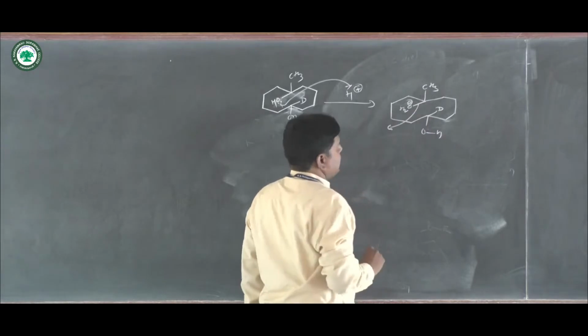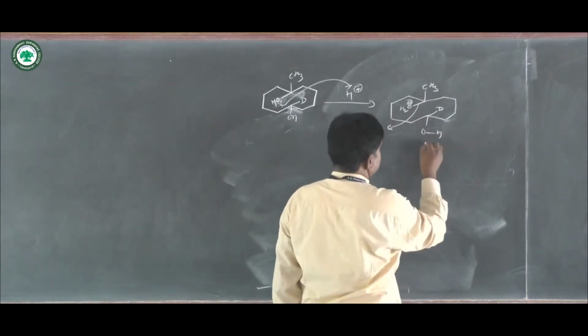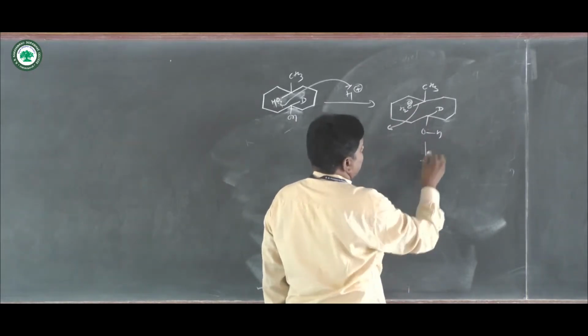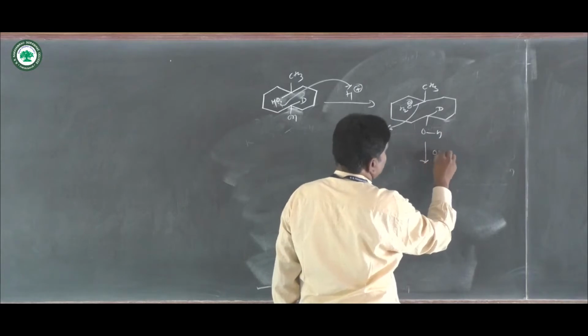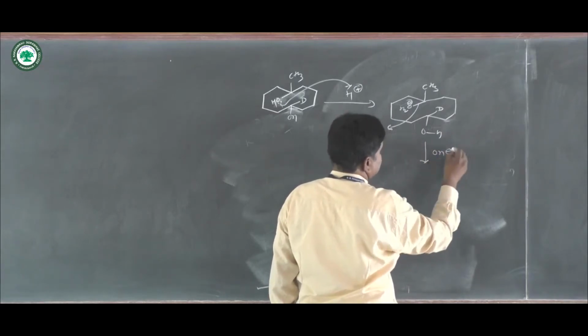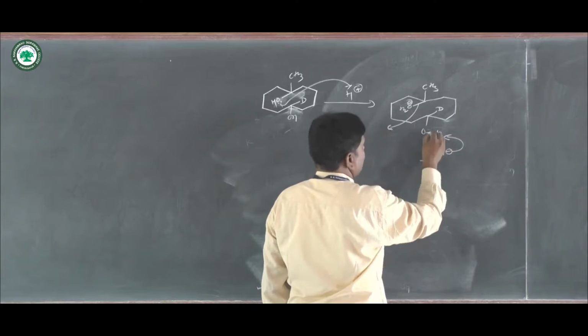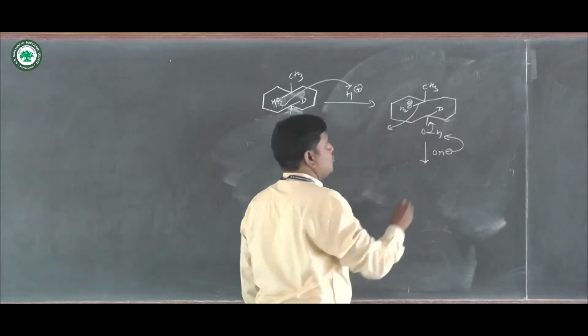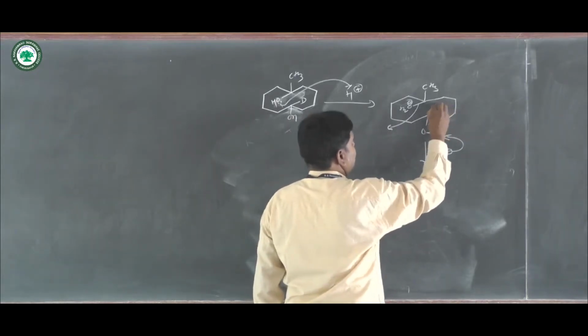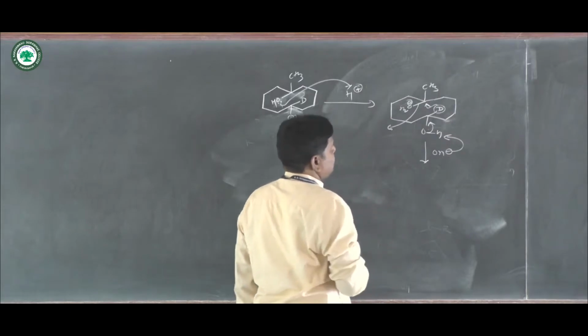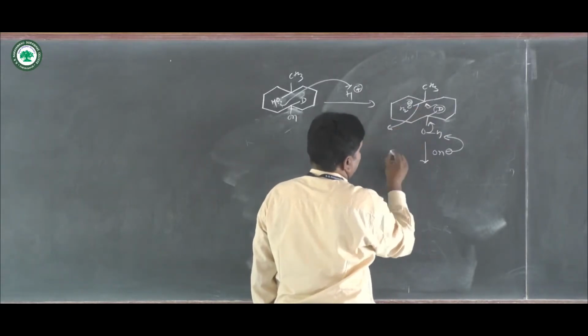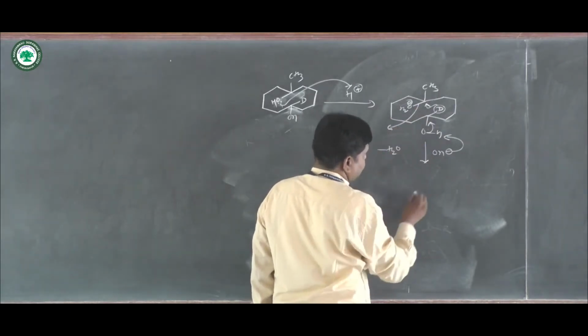Why? Because it carries a positive charge, which is unstable. Now when this OH minus abstracts this proton, it will convert into the carbonyl group, and the deuterium is shifted towards this carbon, and this water molecule will leave.